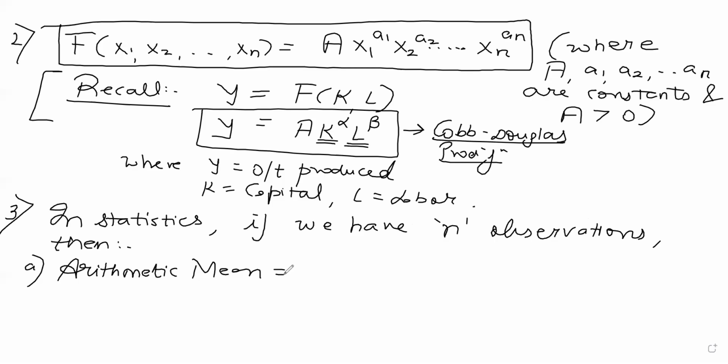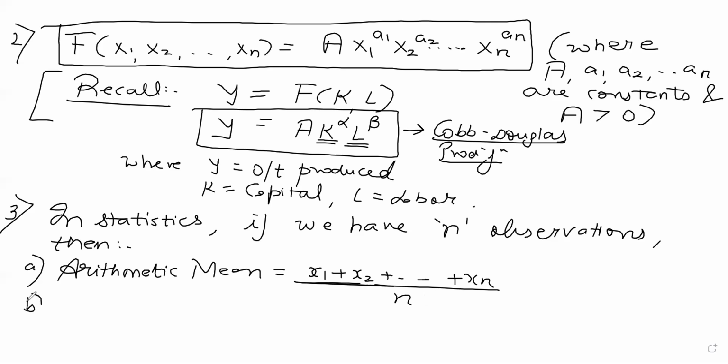Arithmetic mean is nothing but the sum of all observations. So if these observations are x1 plus x2 plus dot dot dot xn, divided by n. This is how we calculate the arithmetic mean, the sum of all observations divided by the total number of observations.